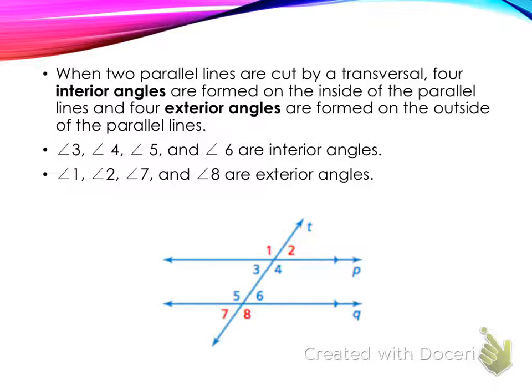So when we're looking at our parallel lines here, where P and Q are parallel and cut by the transversal T, angles 3, 4, 5, and 6 are considered interior angles because they're in between those two parallel lines. But angles 1, 2, 7, and 8 are considered exterior angles because they're outside of the two parallel lines.